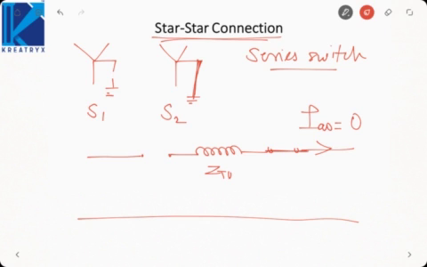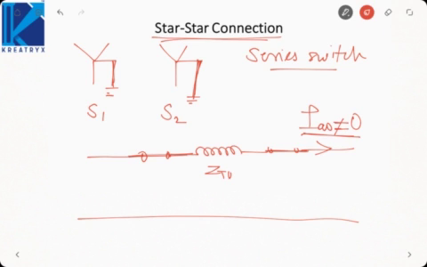But still, since this circuit is incomplete, IA0 will still be 0. IA0 can only flow if this circuit gets closed on both sides. That is, if I ground on both sides, then zero sequence currents can exist and this will be shorted. Then IA0 will not be 0.